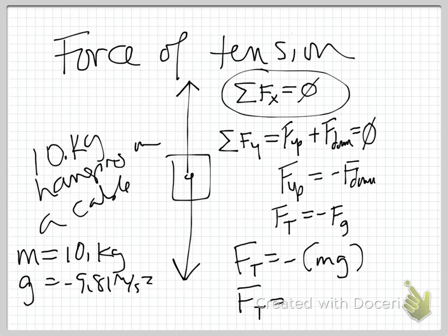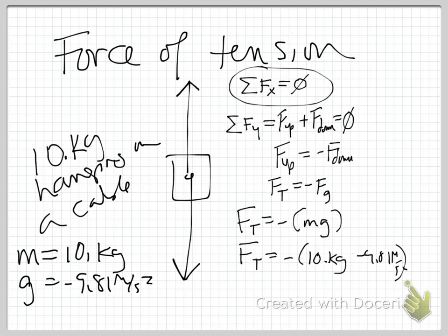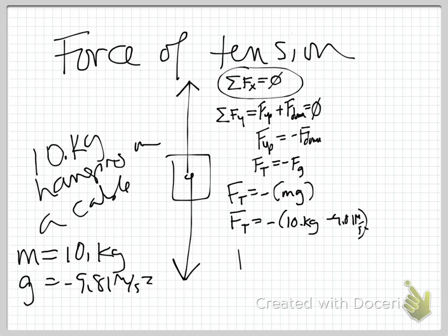So force of tension on this cable is equal to the negative of 10 kilograms times negative 9.81 meters per second squared. So the force of tension on this cable is equal to 98.1 newtons. That's really easy.